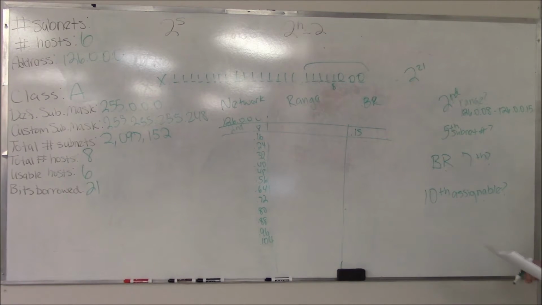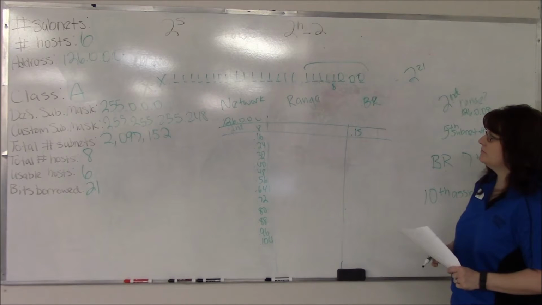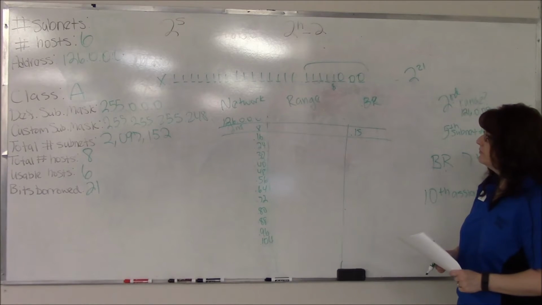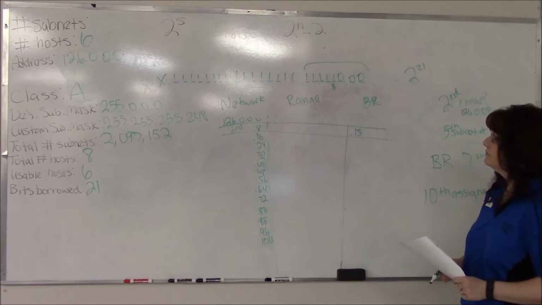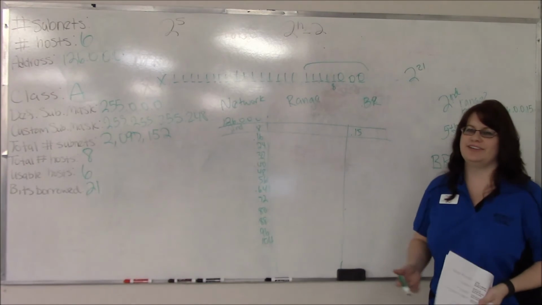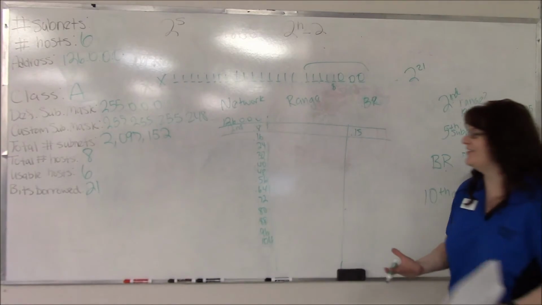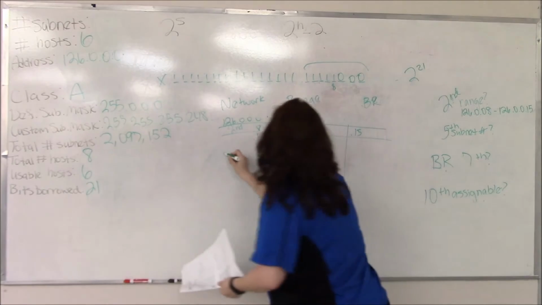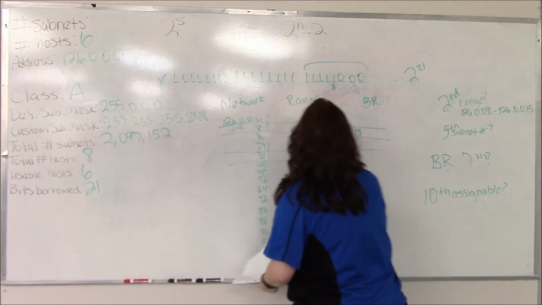What's the number of the fifth subnet? 0.32. It's a 2, I didn't know my writing was this bad. But yes, it's that one. That's the fifth subnet.